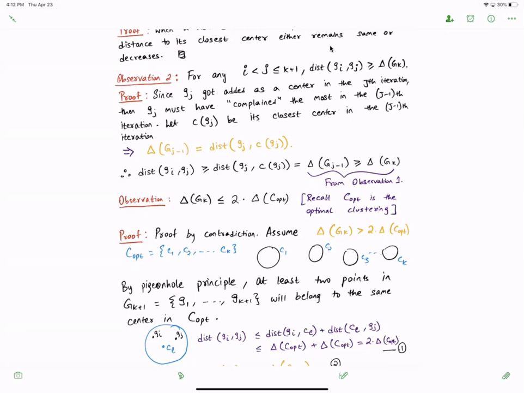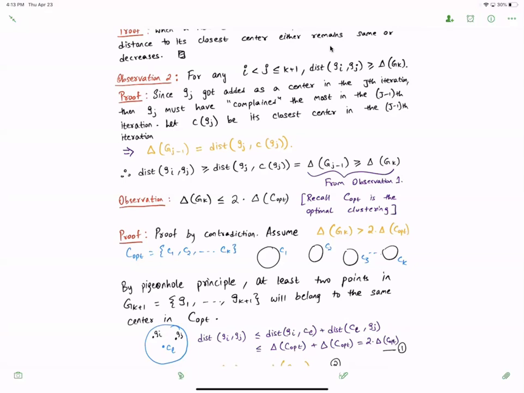Each of these distances is at most delta C-opt, because by definition no point is farther than delta C-opt from its center in the optimal clustering. So equation 1 says the distance between Gi and Gj is at most 2 times delta C-opt.